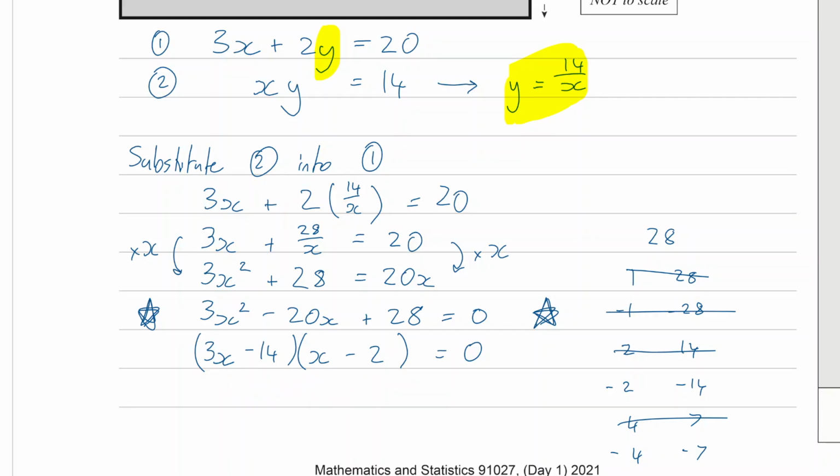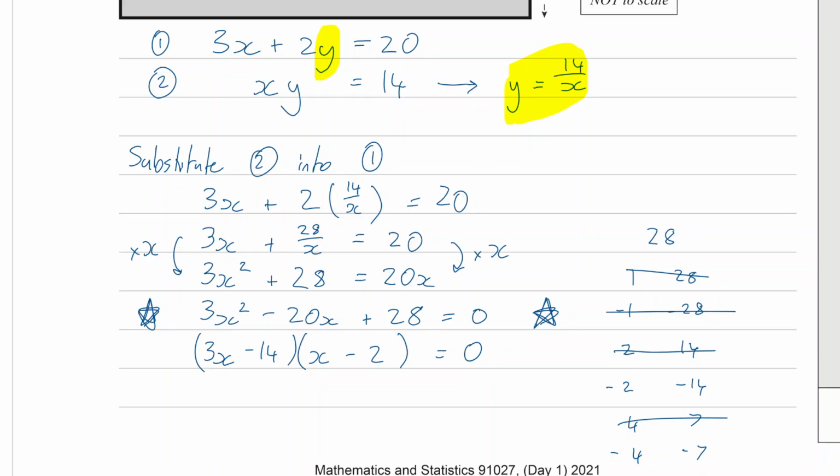Indeed, that adds to minus 20x. So we found our solution. But when you do get here, do just take your time to expand it out and check. Right, for example, 3x squared minus 6x minus 14x plus 28 is the same as that.